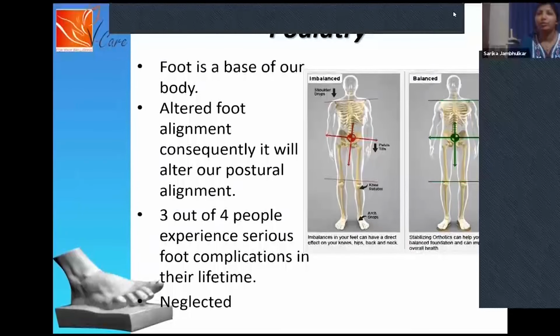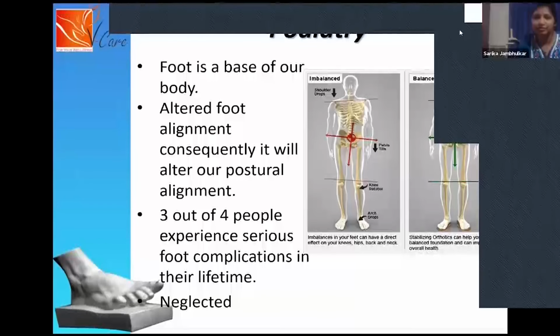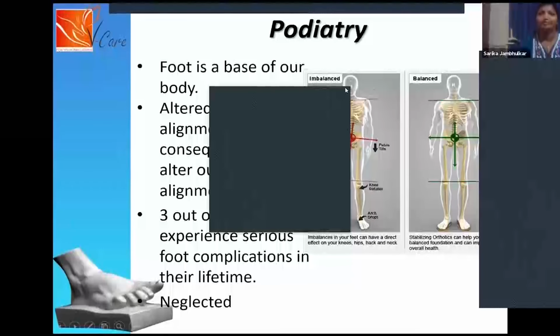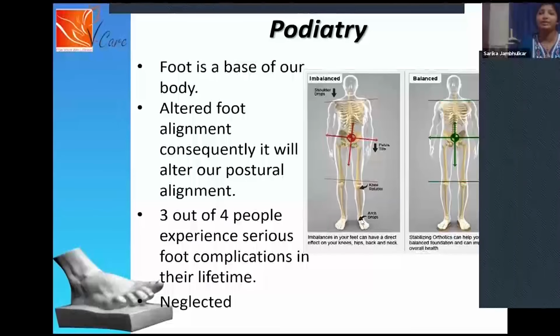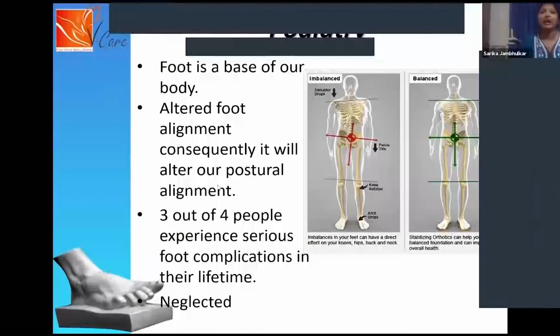Then that side of the knee level will lower, which will result in a drop of the pelvis on that side. Obviously, it will then impact your spine, leading to scoliosis, and it will affect your shoulder level. So one small problem in the foot will have a big impact on your entire posture and knee.